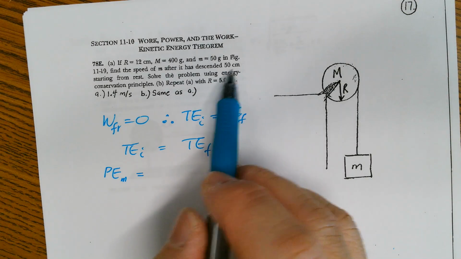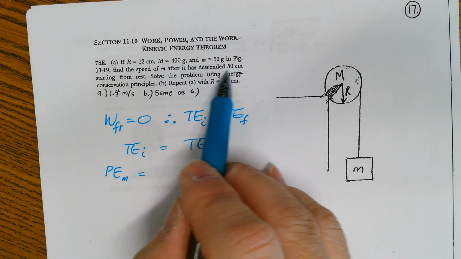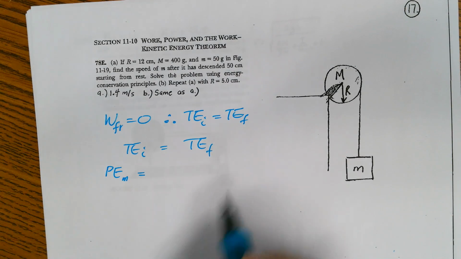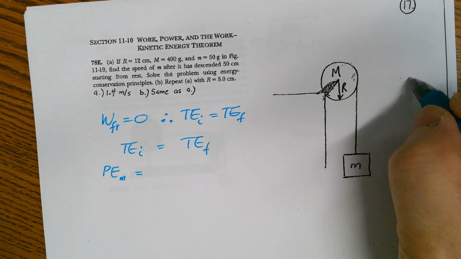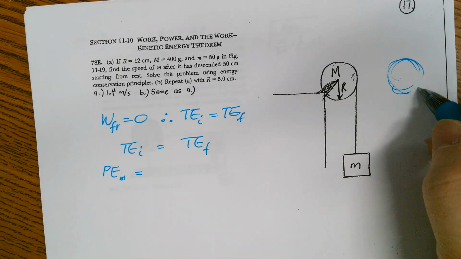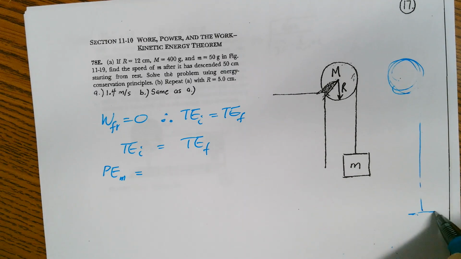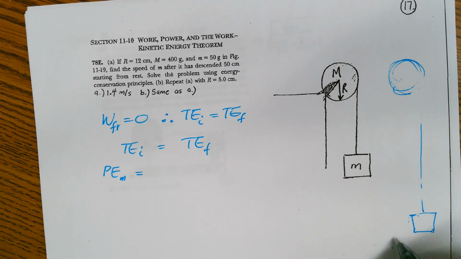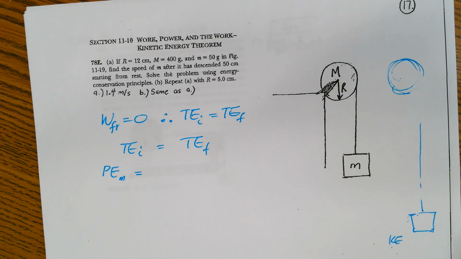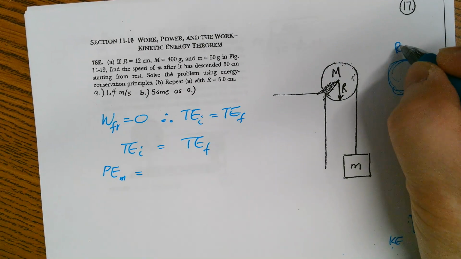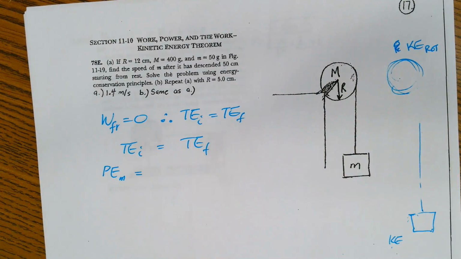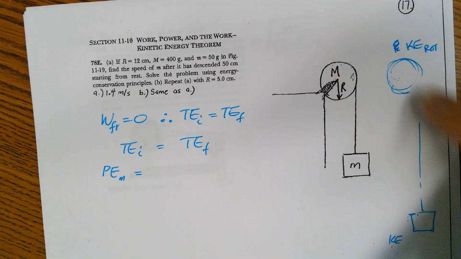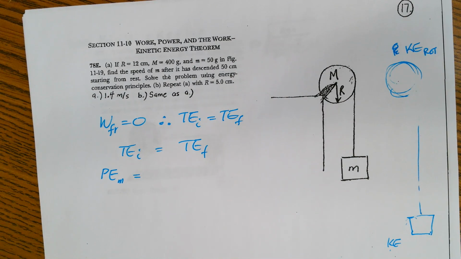And it will have height of half a meter. However, total energy final is when this thing is spinning, and this thing is down here moving. So this has kinetic energy, and this also has rotational kinetic energy. So this potential energy has to turn into these two kinetic energies.